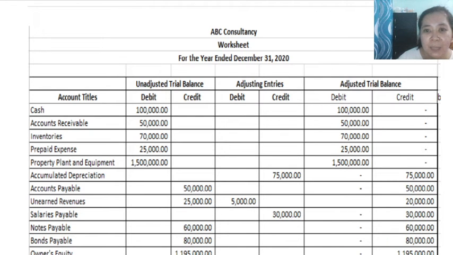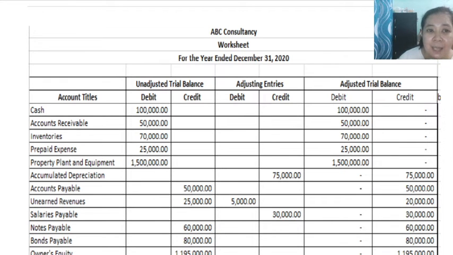Please take note in the preparation of our adjusted trial balance. If the account in the unadjusted trial balance is debit and the adjusting entry is debit, we will add this amount to compute our adjusted balance.